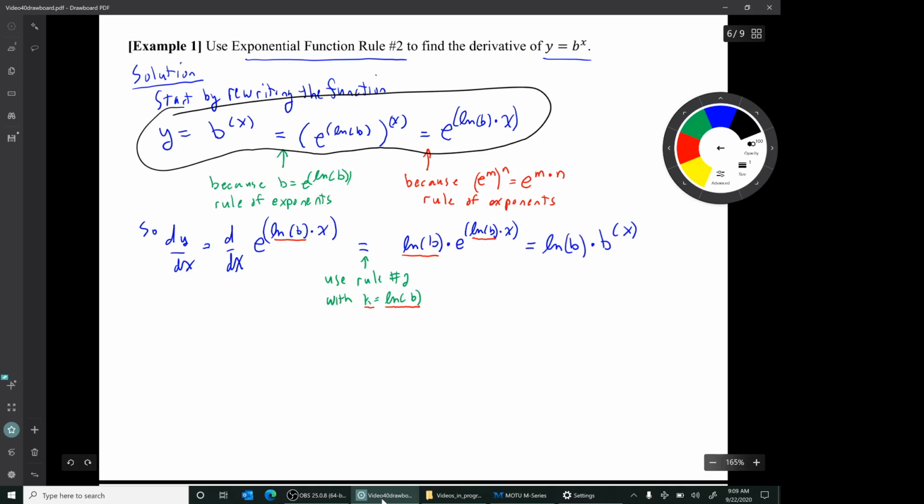When we rewrote the function, we started with this and we ended with this. We wanted this form because that was a form we could use with our exponential function rule number 2. Now that we have done the derivative using exponential function rule number 2, we end up with an expression that has this thing here, which can be replaced with this.